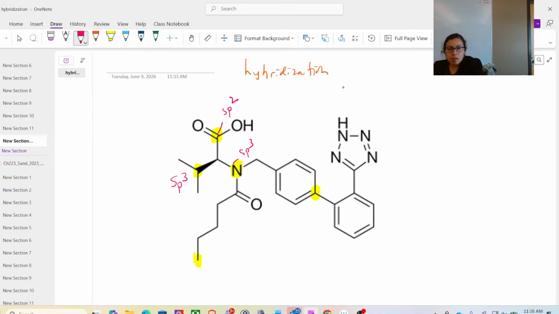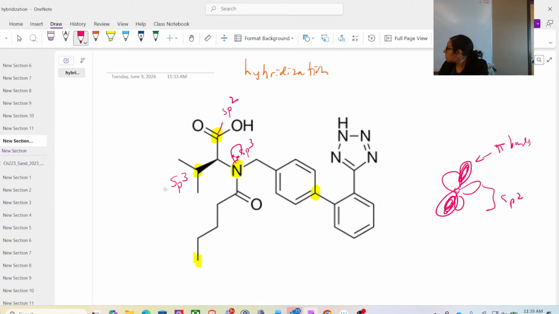The only reason I wouldn't go SP2 is because there's no arrow pushing. Hybridization is always a hard call, SP2 versus SP3, because sometimes nitrogen can be SP2. Then it's a question of whether those lone pairs are going to do pi bonding if it is SP2. I think this one is SP3 because there's nowhere for those electrons to double bond. So I'm assuming they're just hanging out in SP3 configuration.